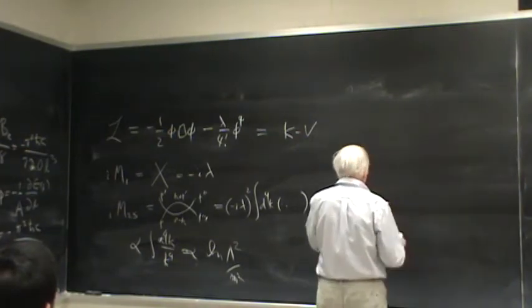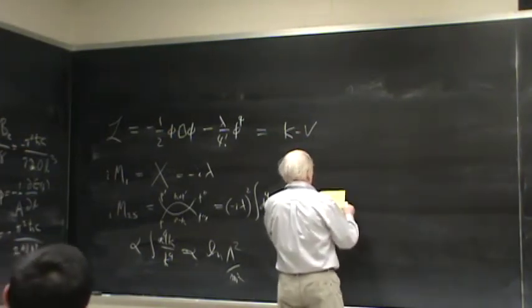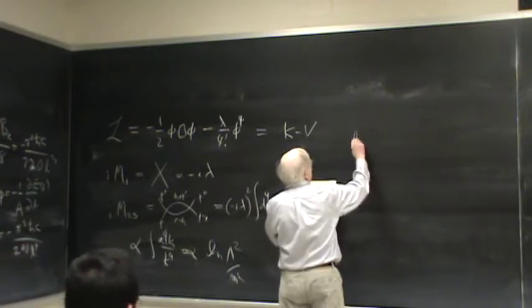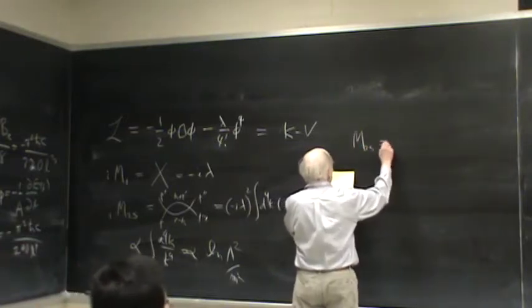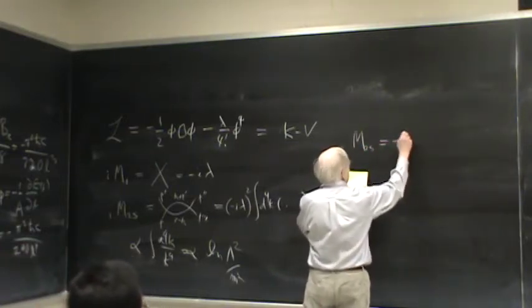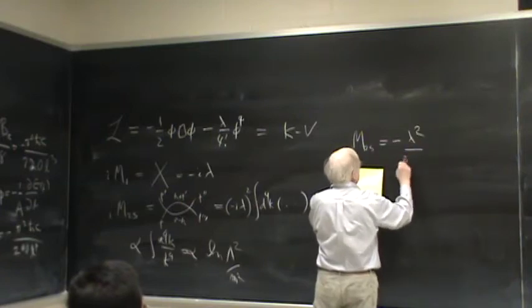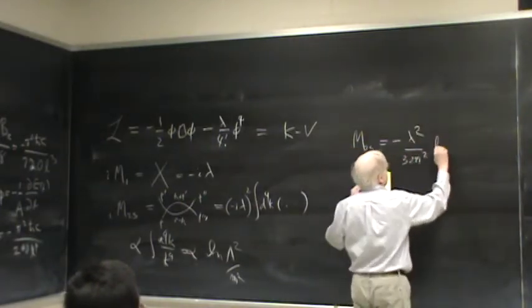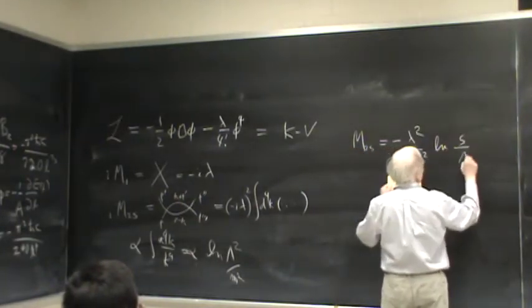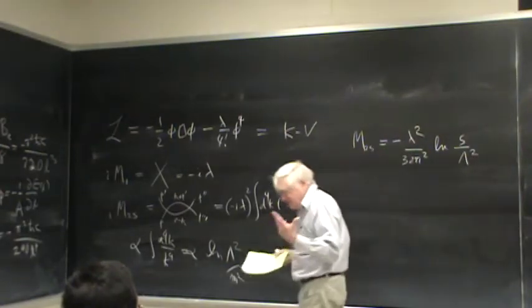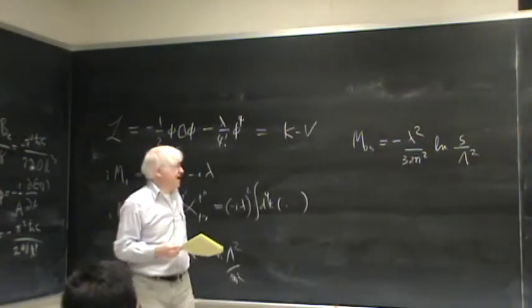If you do the thing carefully, what you find out is that M2S is equal to minus lambda squared over 32 pi squared log S over lambda squared, where lambda is some ultraviolet cutoff.